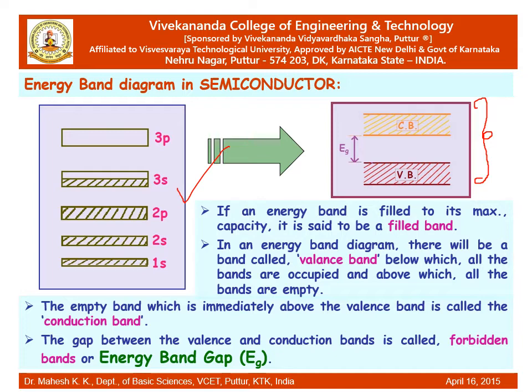In an energy band diagram, there is a band called valence band, below which all the bands are occupied, and above which all the bands are empty. The empty band immediately above the valence band is called conduction band. The gap between them we call a forbidden band, or energy band gap, represented as Eg.